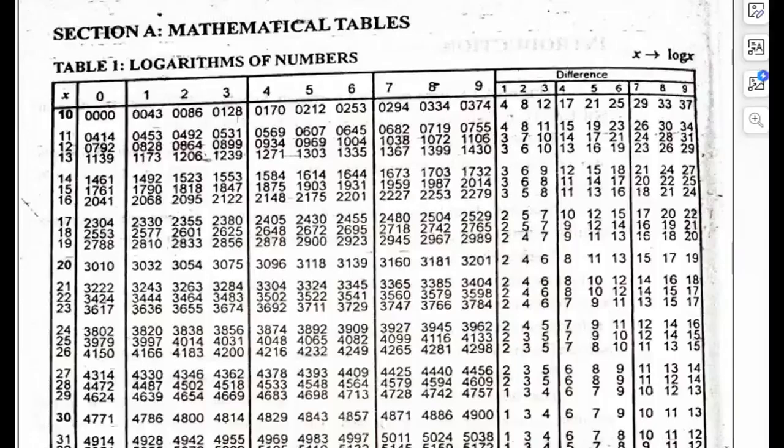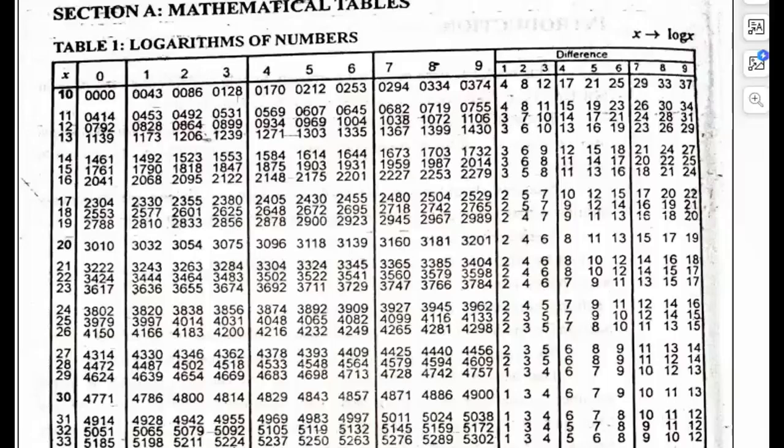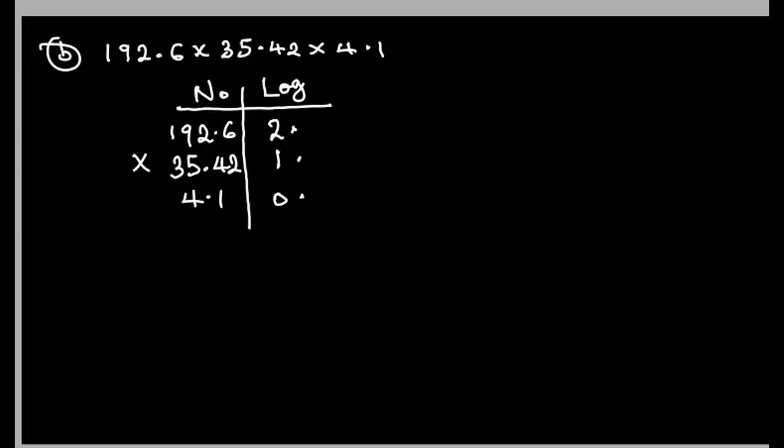So look for 19 under 2 differences. Do the same thing for every other number. After getting everything and adding, we have 2, 8, 4, 6.